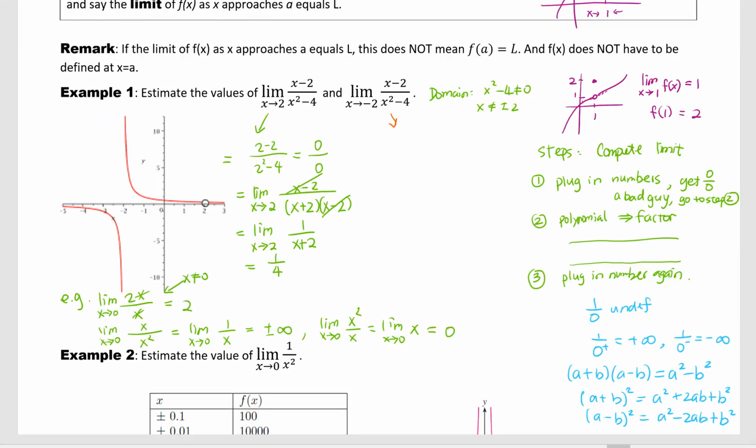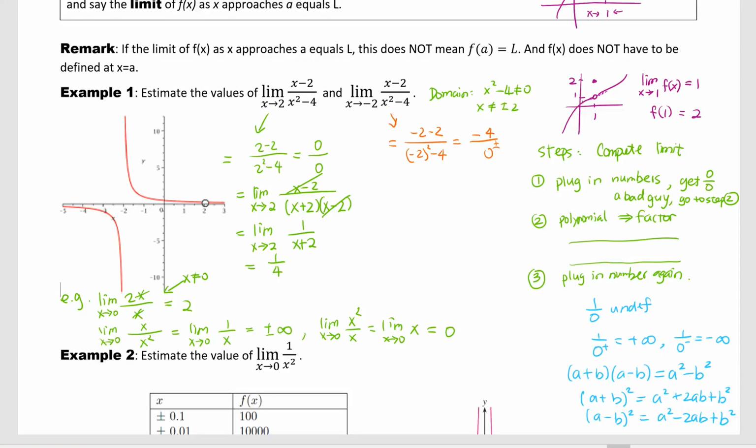Okay, so for this guy, when we try to plug in a number, what do we get? -2 minus 2, and then (-2) squared minus 4. Well, -2 minus 2 is -4, and our denominator is 4 minus 4, which is 0. So when x goes to -2, the denominator is not exactly 0, it's getting close to 0, right?